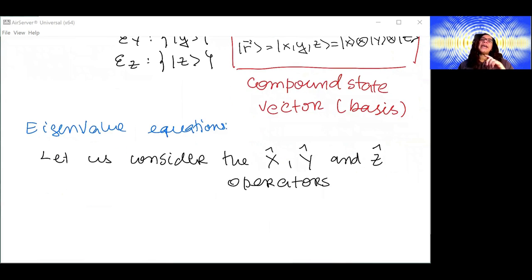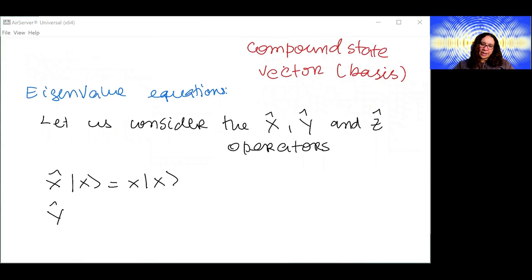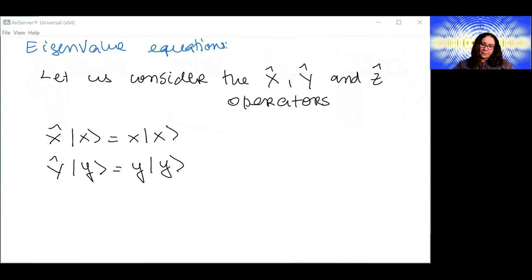And we know how they act upon these kets that are spanning X and Y and Z. So if we apply X to the ket x, we're going to get x. If you apply Y to the ket y, you're going to get y. If you apply Z to the ket z, you're going to have z.